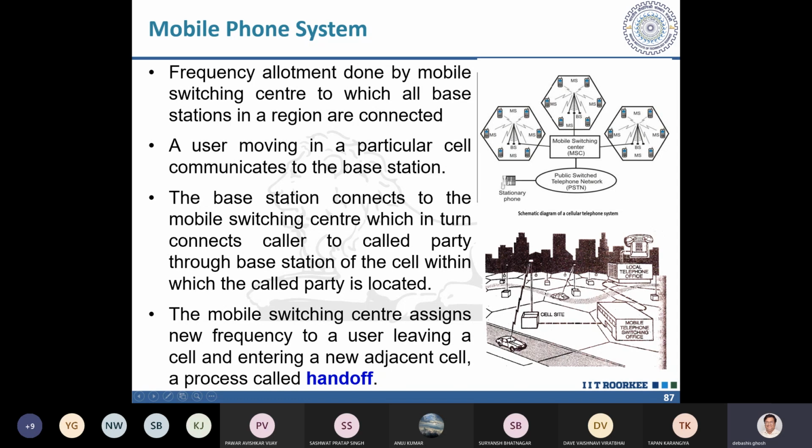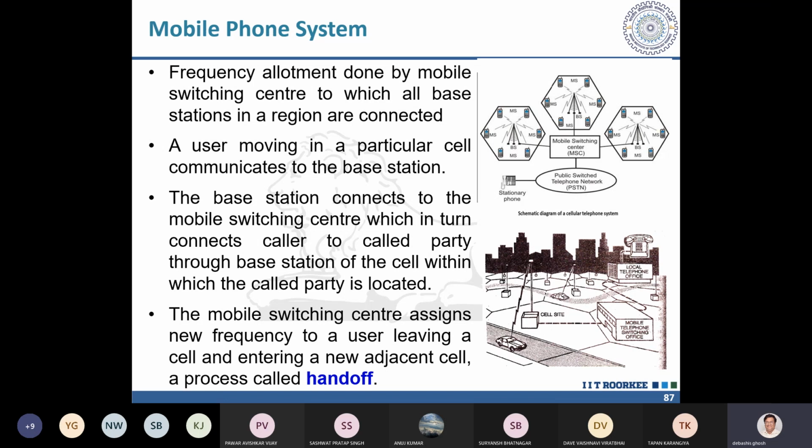Whatever frequency it was using while communicating will be released, and it will immediately be allocated a new frequency corresponding to the other cell to which it has moved. Again, this will be controlled by the mobile telephone switching office, and a new frequency will be given. So this is called handoff.